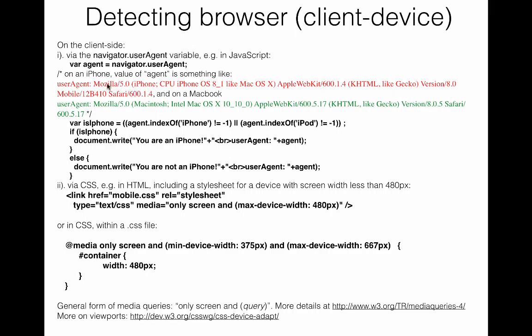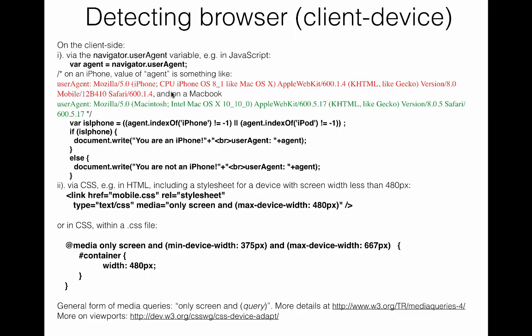It tells you something about the core of the browser, Mozilla core, and then the iPhone, the CPU, the type of iOS on the phone itself, and then some Apple libraries that have been used to create the browser and so on. So this is actually using the Safari browser on the iPhone, and the iPhone was running OS 8.1.